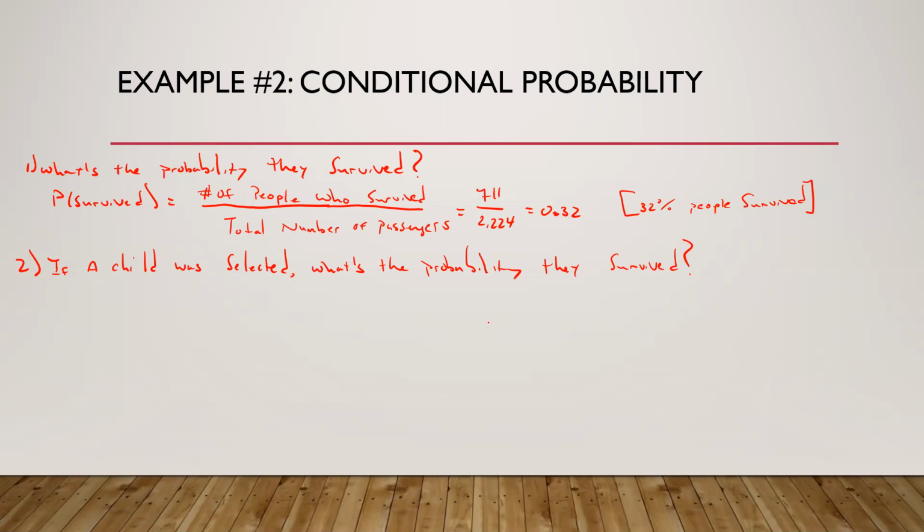What am I telling you was selected? What type of person was selected? A child. I'm telling you that a child is selected, so you're given that a child was selected. This is a roundabout way of saying given a child was selected.